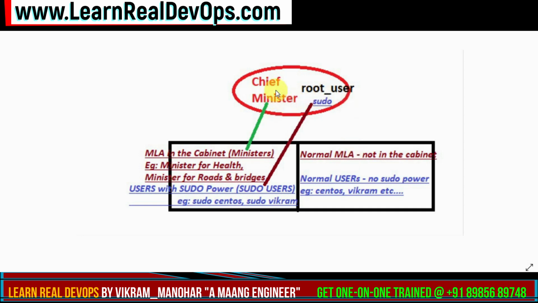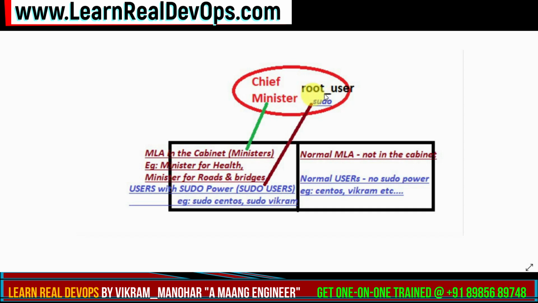Like how the chief minister shares his power with the MLAs in the cabinet, so automatically they become ministers, the same way we have a root user, also called sudo user. Like how the chief minister is the supreme power for the state, in the Linux machine the root user has the supreme power to do any activity.